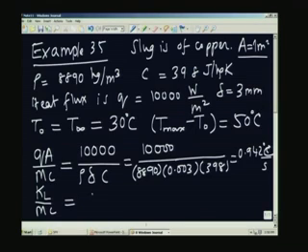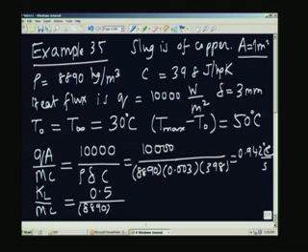And KL by MC is given by 0.5 divided by, and KL has actually absorbed that A, and therefore A will cancel off with that. So, KL can be simply taken as the 0.5 here, divided by M, which will be the product of density and the thickness, rho into delta multiplied by C, the same denominator.